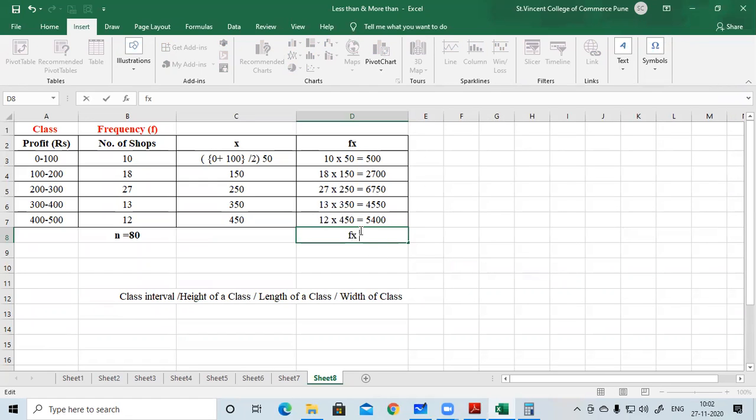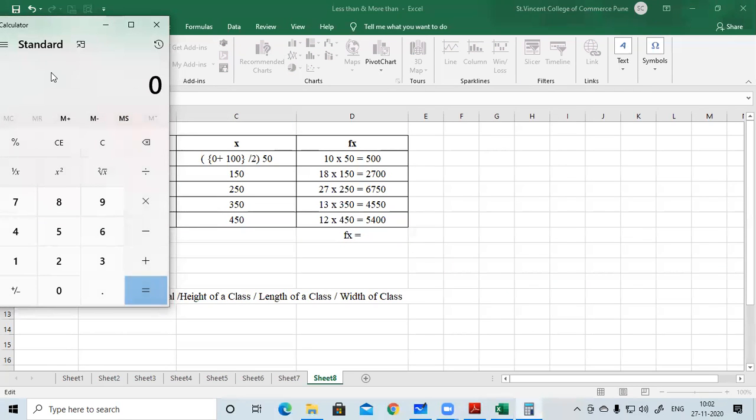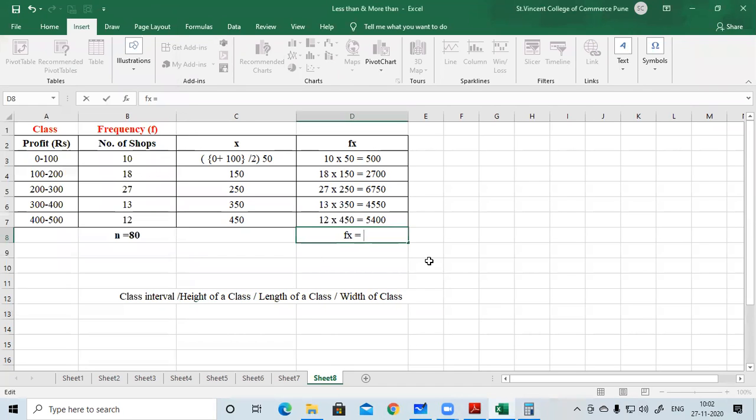So your total of fx will be 500 plus 2,700 plus 6,750 plus 4,550 plus 5,400. So 19,900. So we got the total of summation fx. Is this understood? Yes, sir.